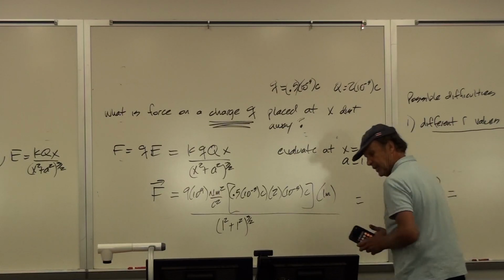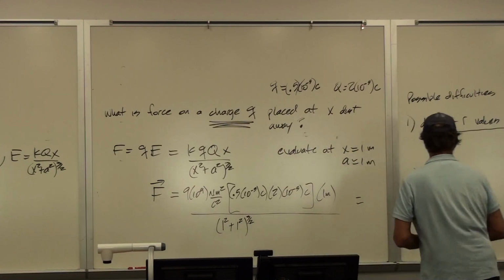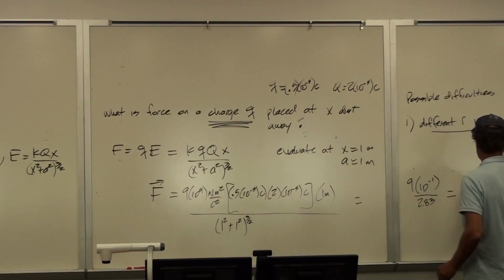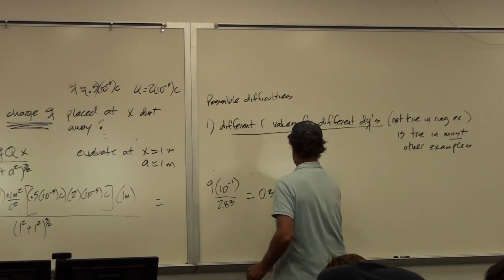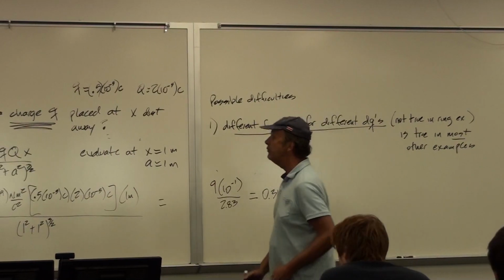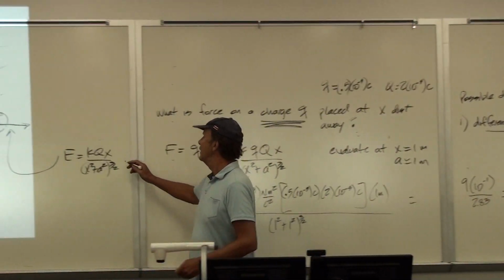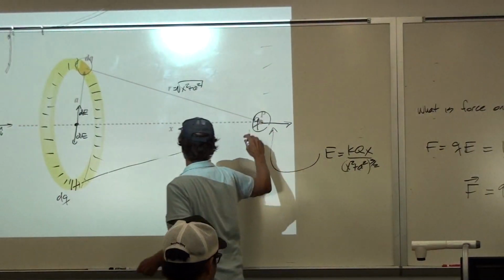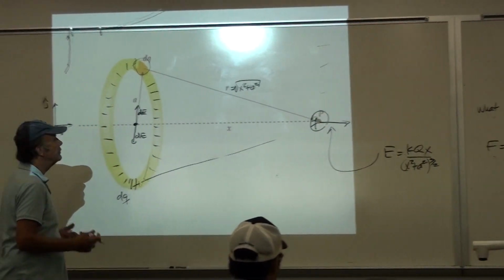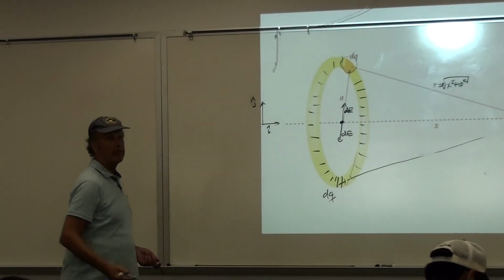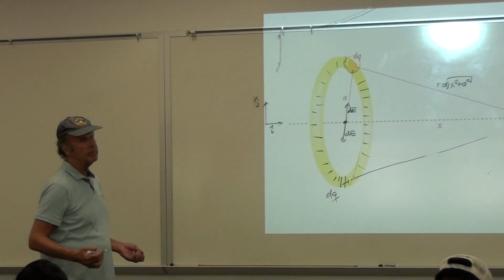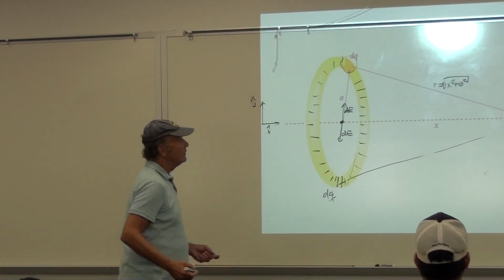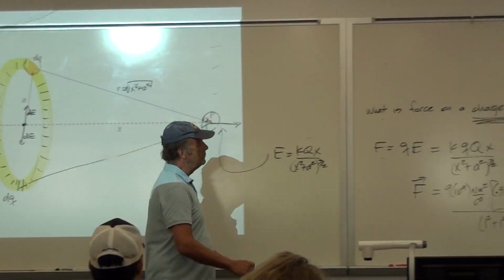That gives me 3.18 times 10 to the minus 1, or 0.318 newtons. So that's my force then on a charge that was placed at this location. So that's a physical value for a force. Then if I wanted the acceleration, I could say F equals ma, and then I get the acceleration as this force divided by the mass.